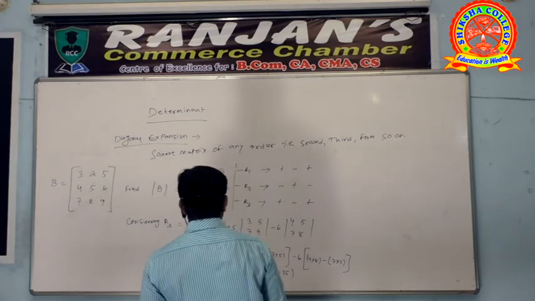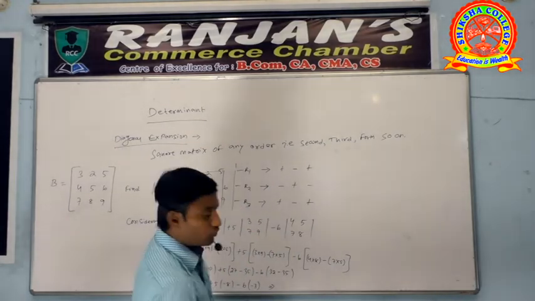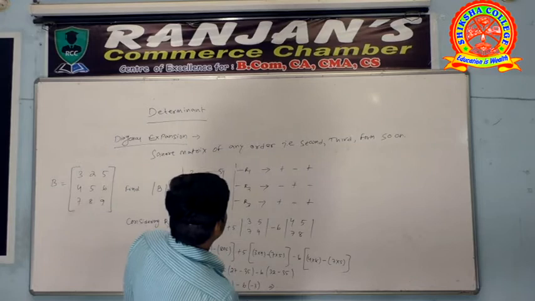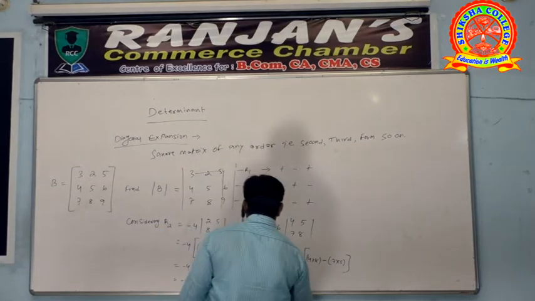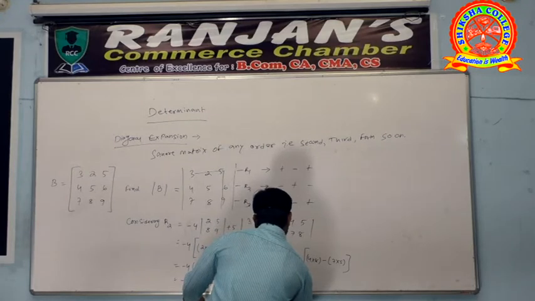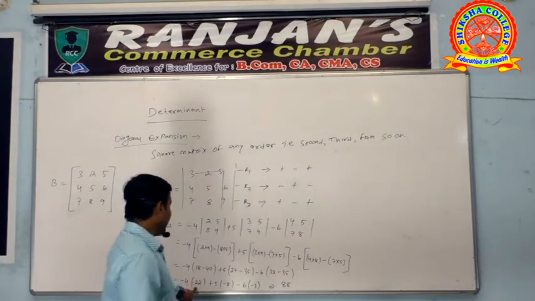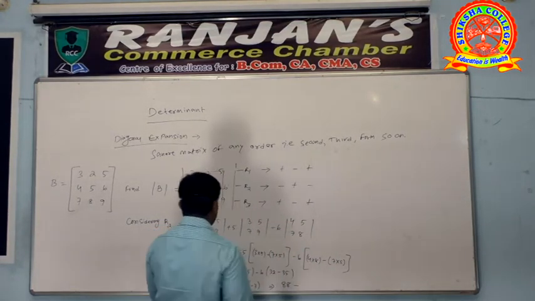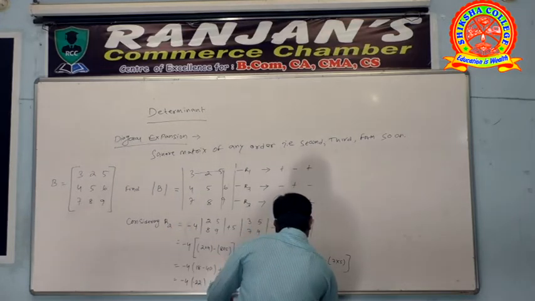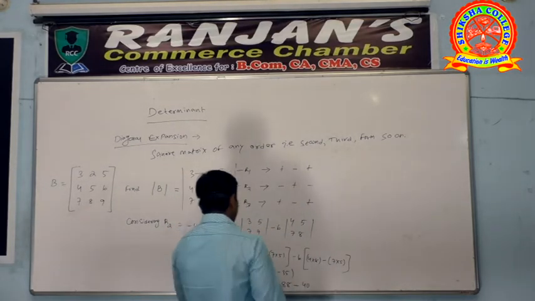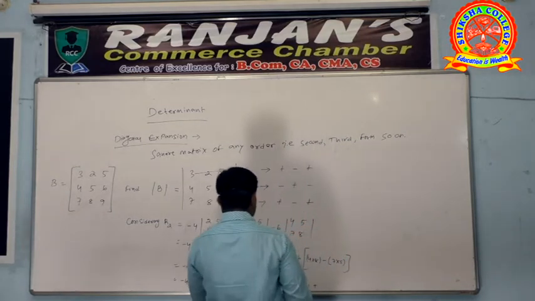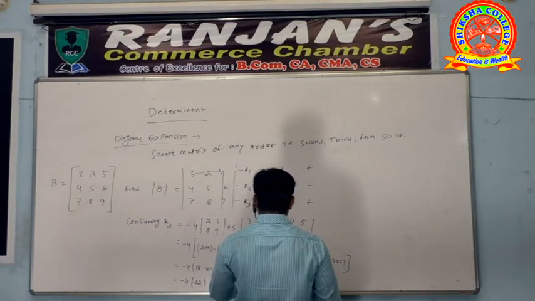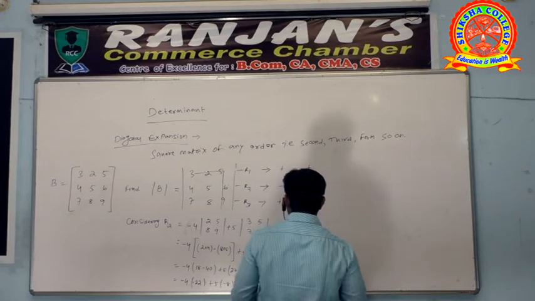Then the next process, minus 4 into minus 22. So 22 4s are 88. So we have minus minus plus. Okay, 88 here, plus minus, minus 40, minus minus plus, plus 18.